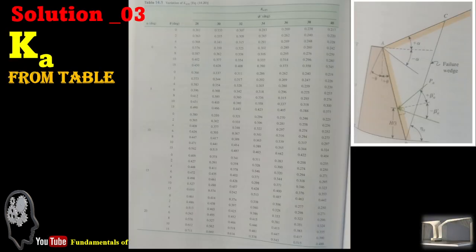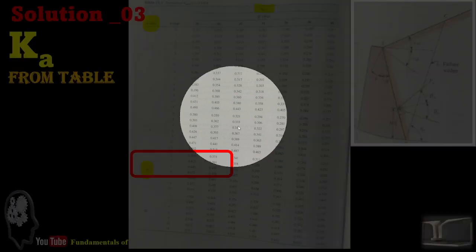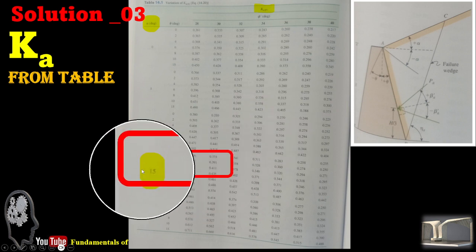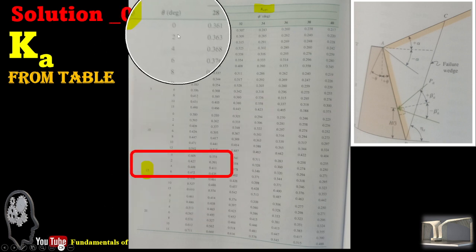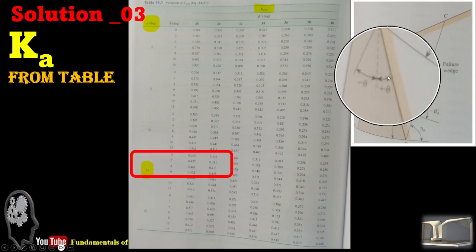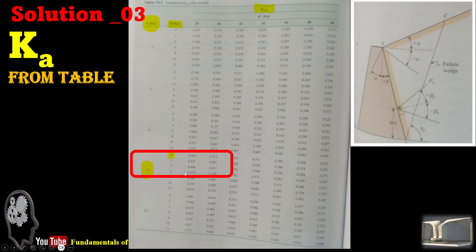And the last one is the Rankine theory, but this time we will read our Ka from a table provided in the textbook or reference book. So we do know our alpha is 15 degrees, so just move to alpha 15 degrees. So this is our alpha, which is here. Then move to theta, which is the tilt of the wall, which in our case is 0.